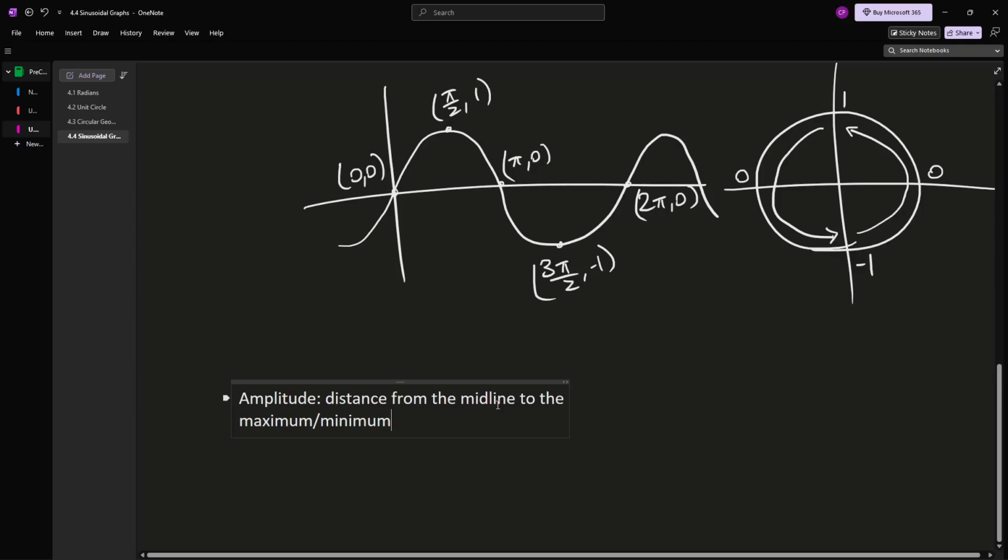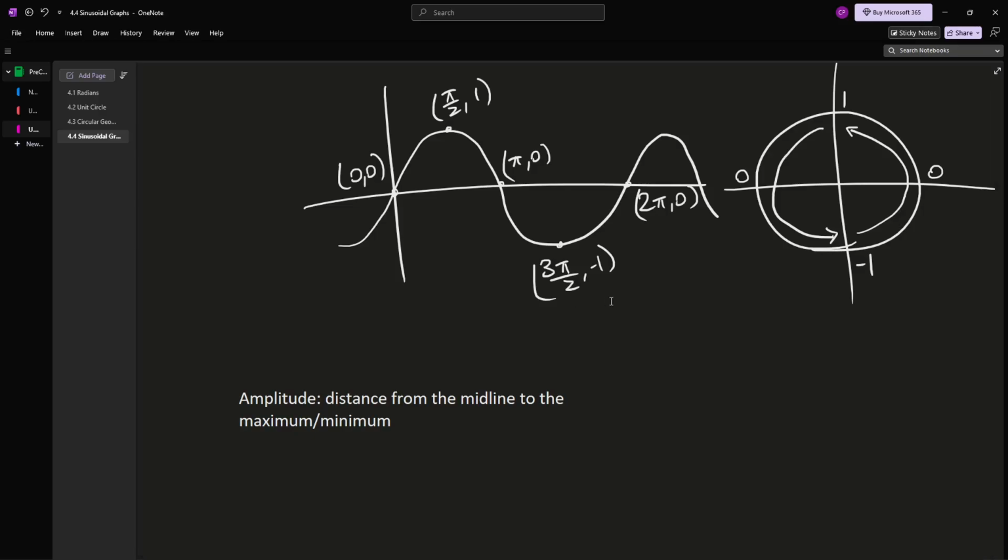How much are we changing from the middle? Middle in this case is 0. How far up and how far down am I going? It should be the same amount, because if it's the middle, it should be equidistant from the maximum and minimum. So for the most basic, generic graph, my amplitude is 1.